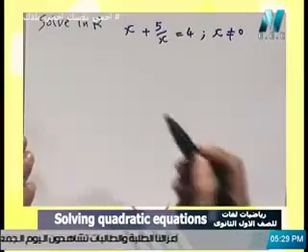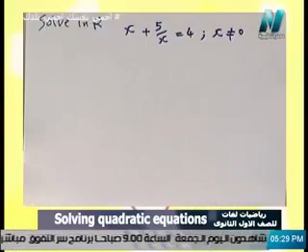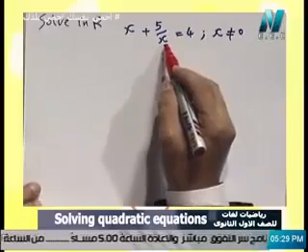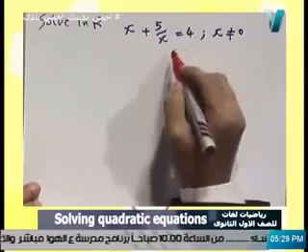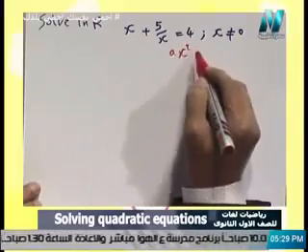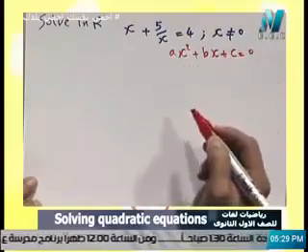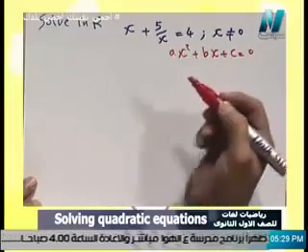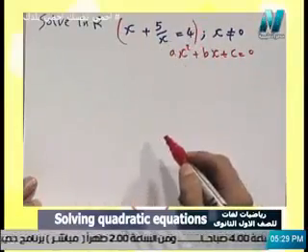Okay? We have here an equation, but we have a small problem here. The problem is that we have x here in the denominator, but we intend to make it in the form ax power 2 plus bx plus c equals 0. The problem, x here in the denominator, we can overcome it by multiplying all the equation by x.